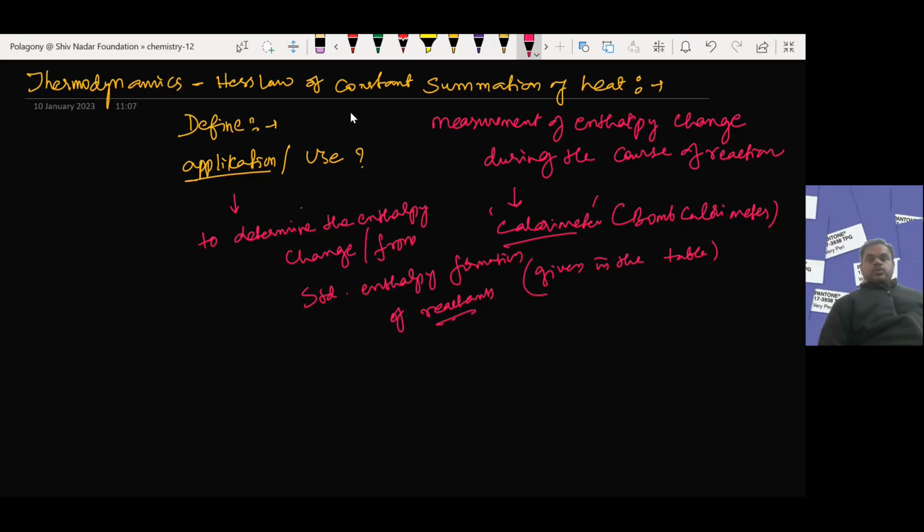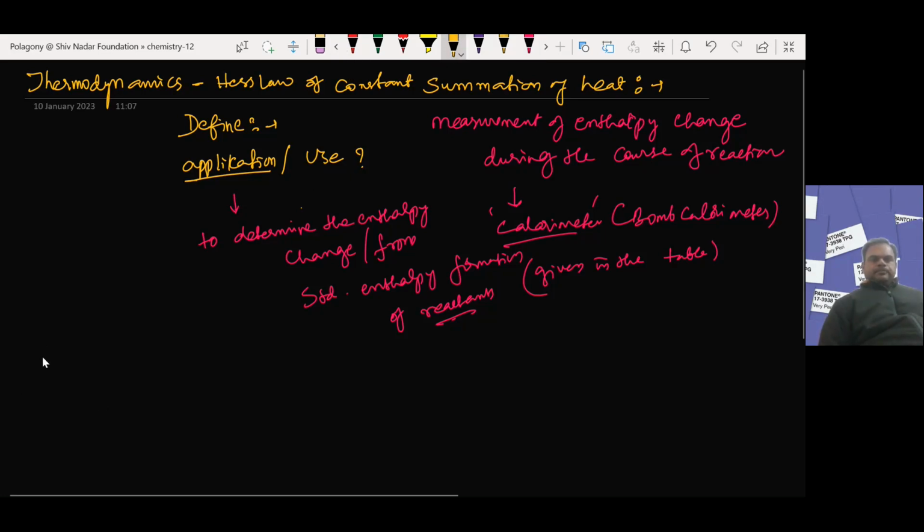Let us look at how Hess's law can be used for determination of the standard enthalpy of formation of the products from the standard enthalpies of formation of the reactants, which are already calculated.